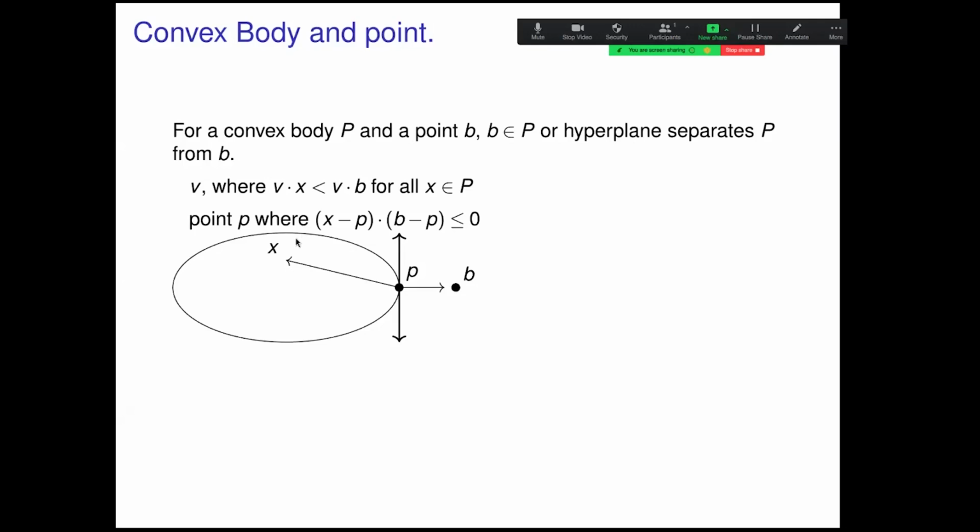For this B, V dot B is on one side of the hyperplane. It's positive, right? That's what V dot B means. So it's greater than, or it's this side of the hyperplane, and V dot X is this side. Does that make sense? Is that clear? The hyperplanes?